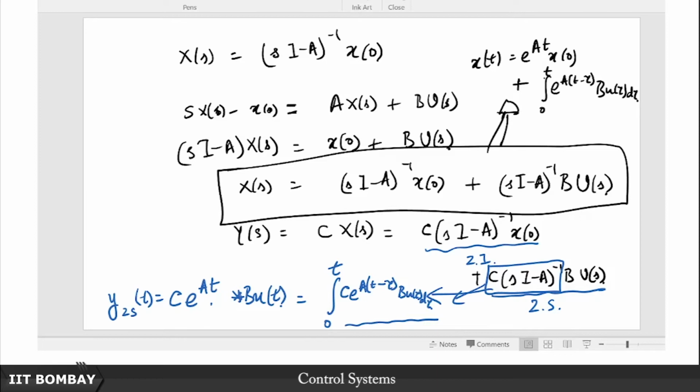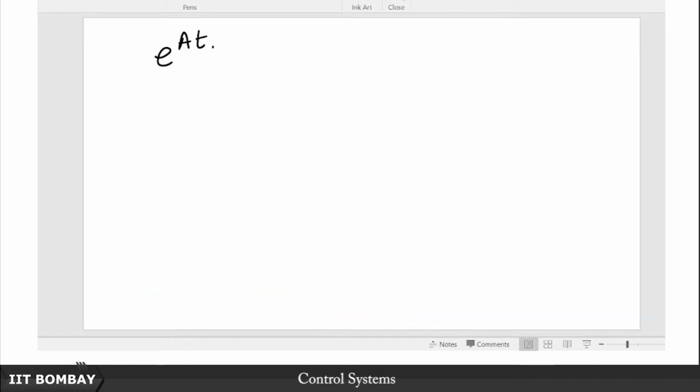So in both of these terms, the 0 input and the 0 state response, it is basically this e to the at that holds the key, and that is the reason why we have seen not one or two but 3 exact methods to wrap our heads around how to obtain this e to the at. It is pivotal.